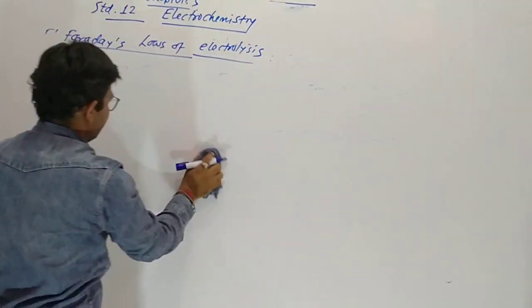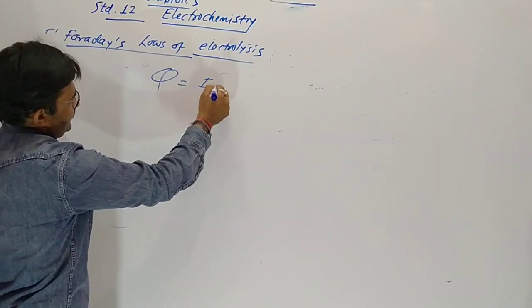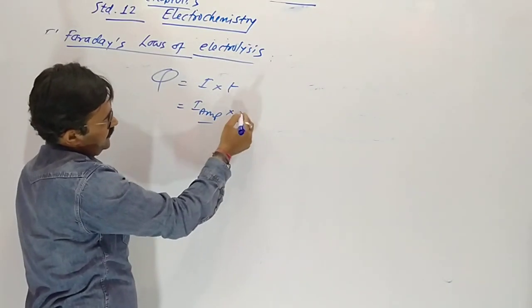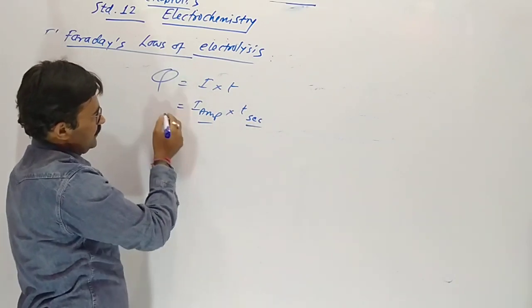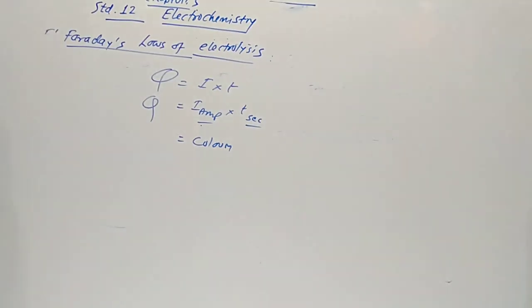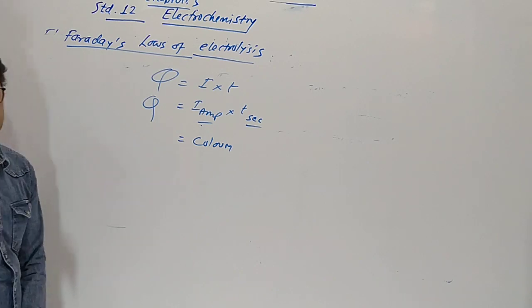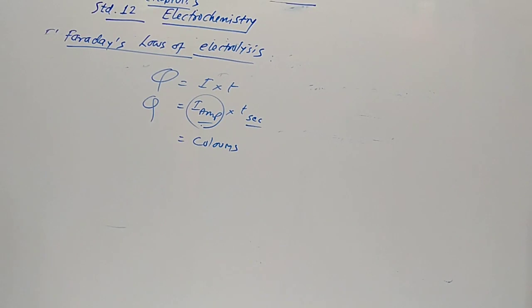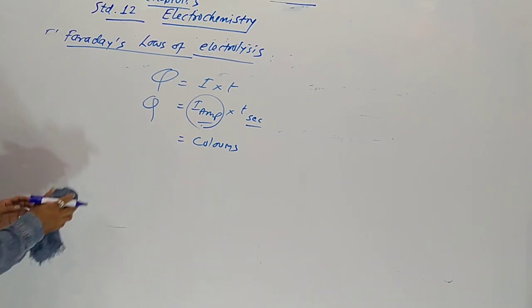Now we use Q is equal to I into T. I in ampere: how much ampere is passed in a particular second? So it gives the coulomb. Q is in coulombs, I is the current in ampere, T is in seconds.